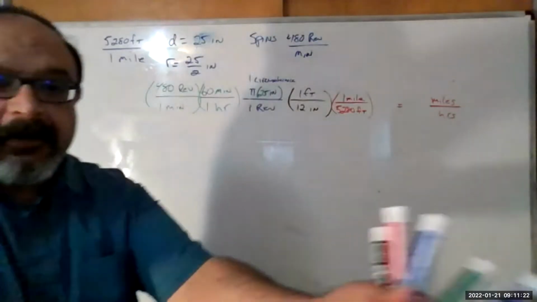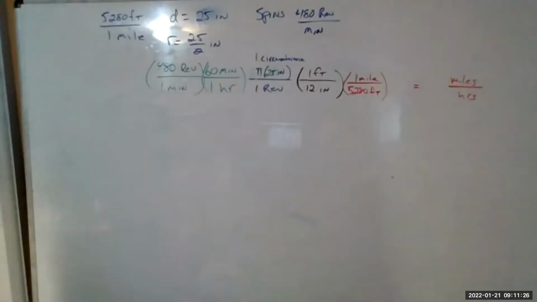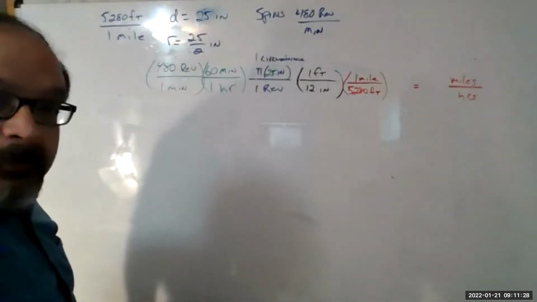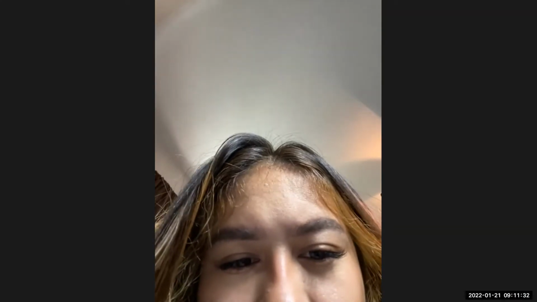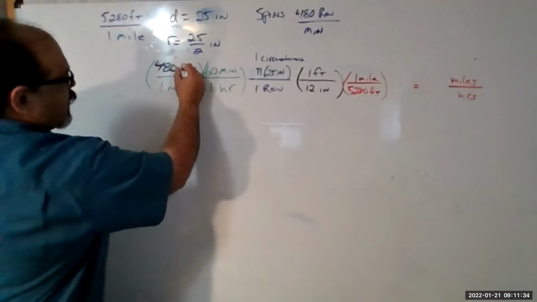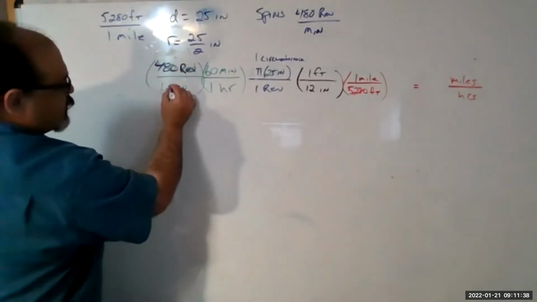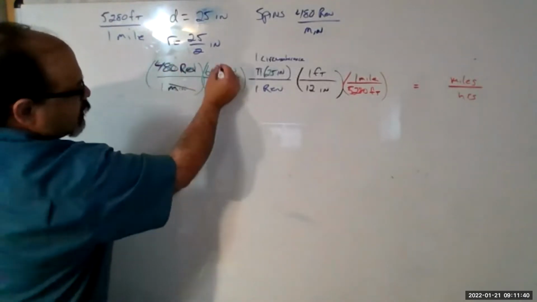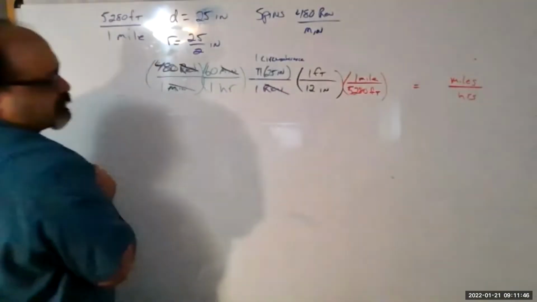Okay, let's see here. So this is 480, and that's revolutions. Okay, and so here's the first thing. Minutes over minutes are going to reduce. Revolutions down here, revolutions, that's going to reduce.